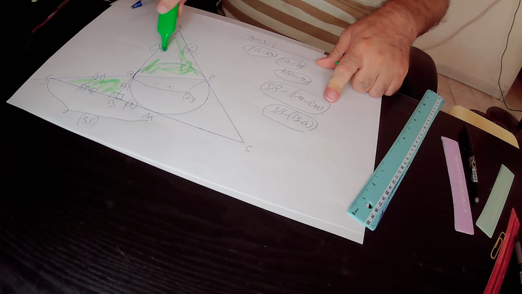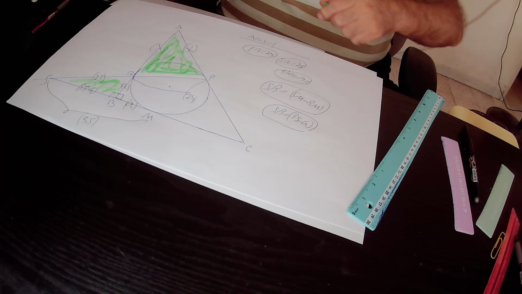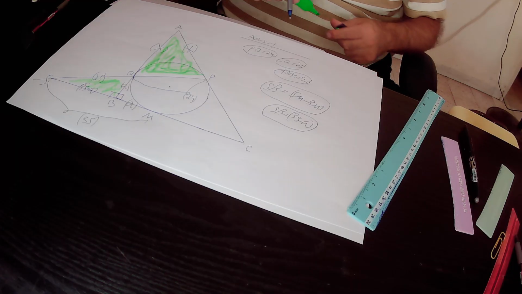Triangle AQP is an isosceles triangle, because side AQ equals side AP. The base of the isosceles triangle is QP. So from point A we go perpendicular to the base QP of the green isosceles triangle AQP.